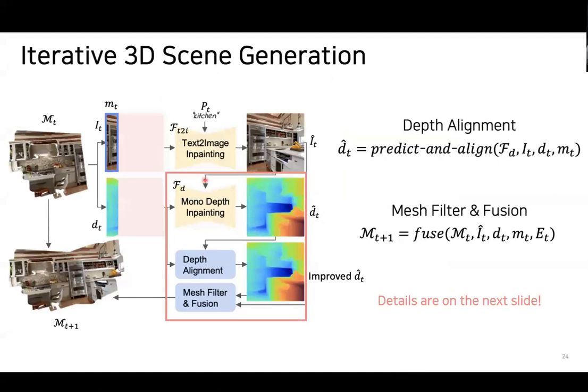Using the inpainted image obtained earlier and the partially rendered depths, we can obtain an inpainted depth map through the mono depth inpainting module. With the inpainted image and the inpainted depth map, the process continues to lift from 2D into 3D through the mesh filter and fusion stage. The details of these stages are on the next slide.